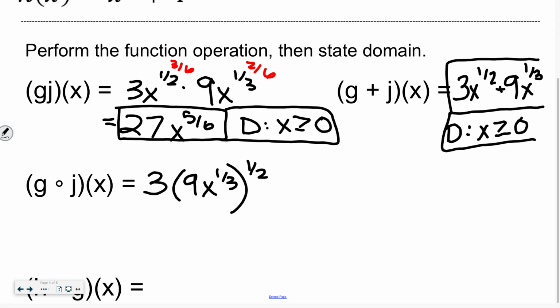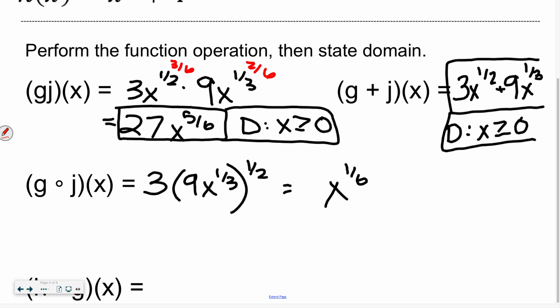And then multiply this. What do you mean multiply? The 1/3 and 1/2. Oh, okay, well this is going to be x to the 1/6. 27x. No, distribute.